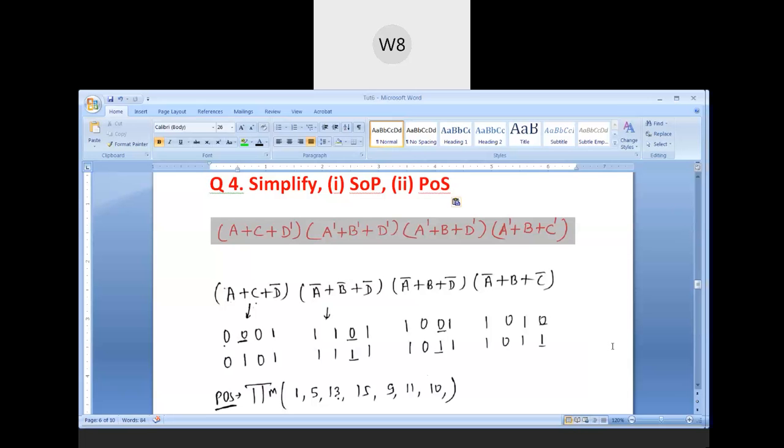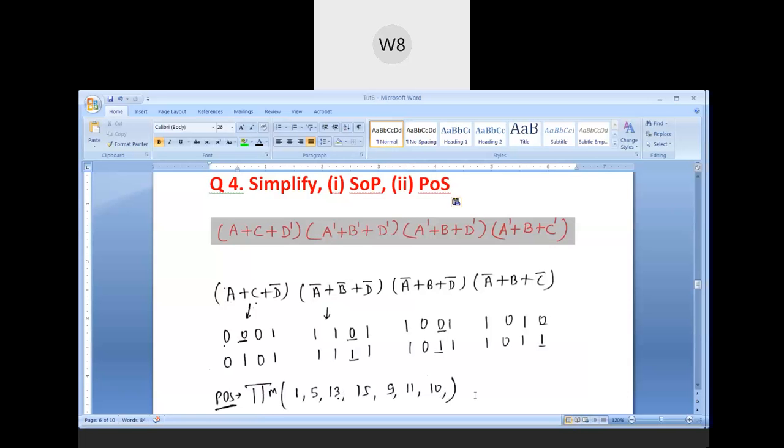So we can write the function as the product of max terms. For example, this is the first max term, this is the 5th, this is the 13th, and so on. The given function as product of max terms is pi capital M 1, 5, 13, 15, 9, 11, and 10.